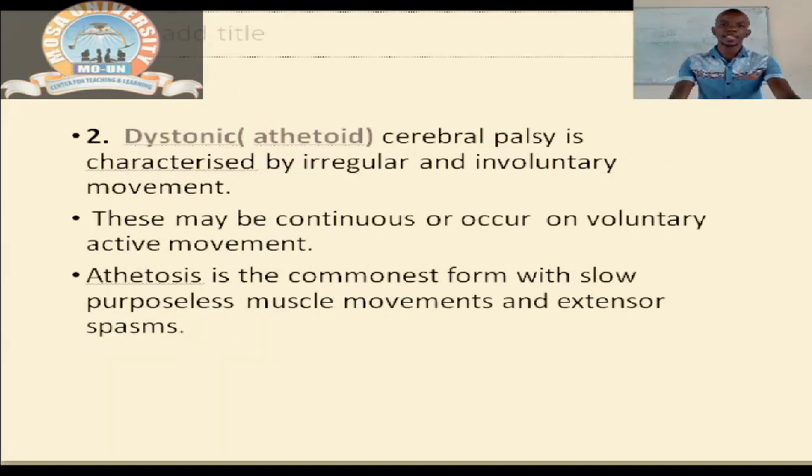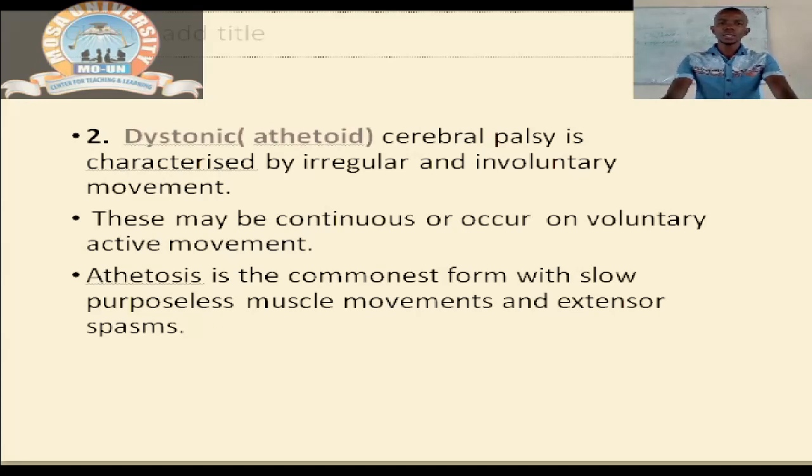The second classification we'll be looking at is dystonic or athetoid cerebral palsy. Dystonic or athetoid cerebral palsy is characterized by irregular and involuntary movement. Okay, and this one primarily affects the basal ganglia in the brain.